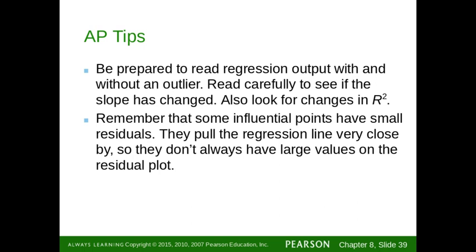Okay, that outlier can have a huge impact on R-squared. Remember that some influential points have small residuals. When we were looking at the shoe size compared to the IQ, those two influential points had the same residual, except one was positive, one was negative. Completely changed the correlation. One was positive, one was negative, but the residual was the same.